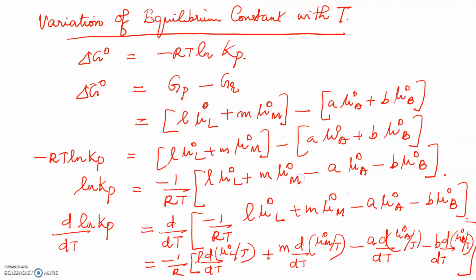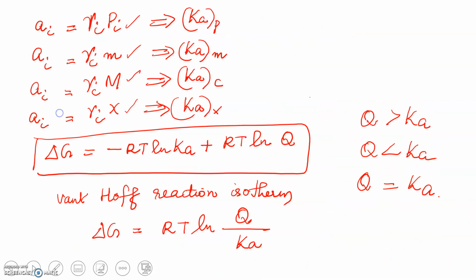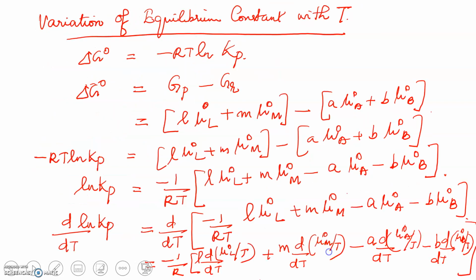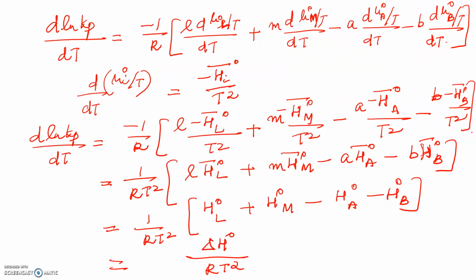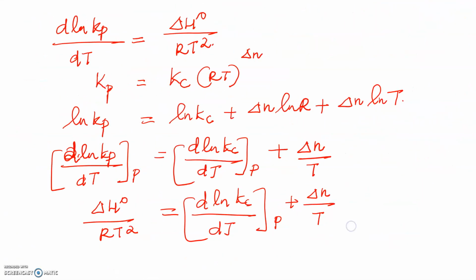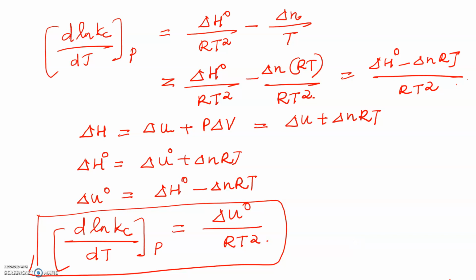What is Van't Hoff reaction isotherm? Van't Hoff's reaction isotherm is delta G is equal to minus RT ln Ka plus RT ln Q. And Van't Hoff's reaction isochore is the equation that we derived just now: d ln Kc by dT at constant pressure is equal to delta U0 by RT squared.